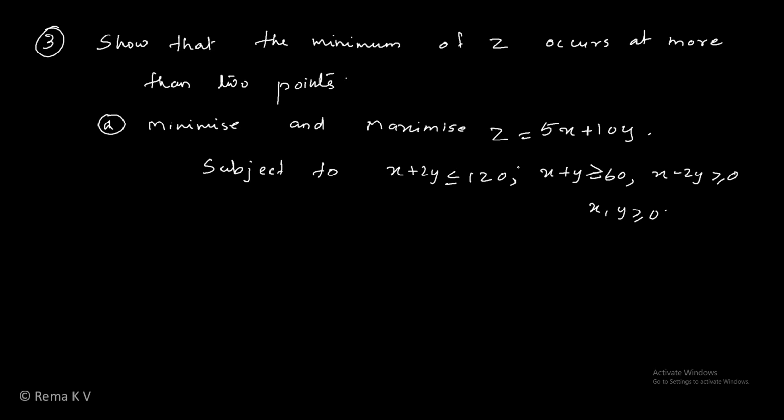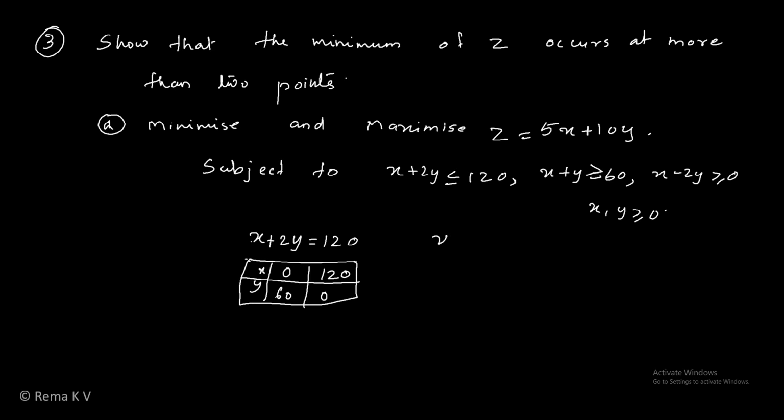Same procedure, you have to draw the graph of all these constraints. So the first one is x plus 2y is equal to 120. And x is equal to 0, y becomes 60, and y is equal to 0, x is 120.